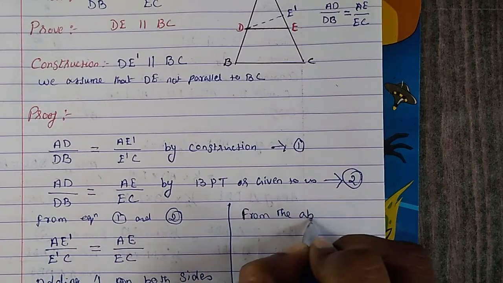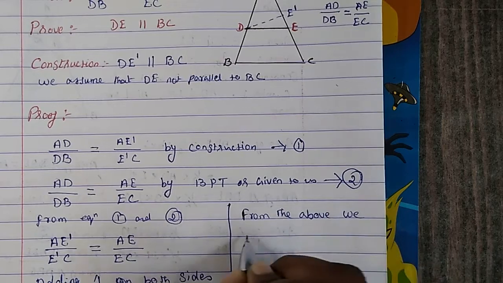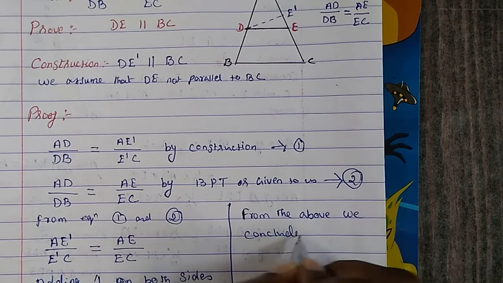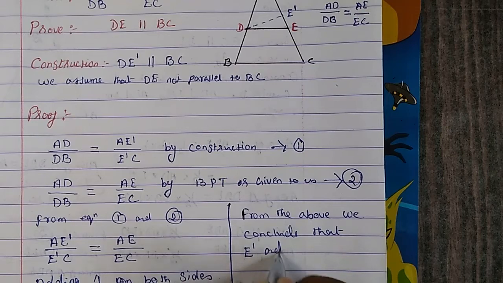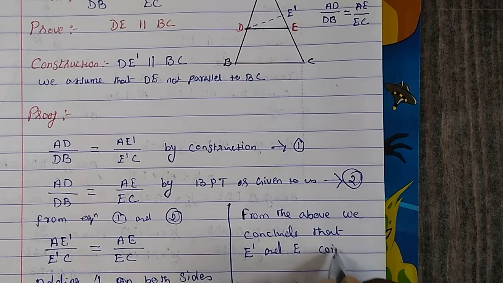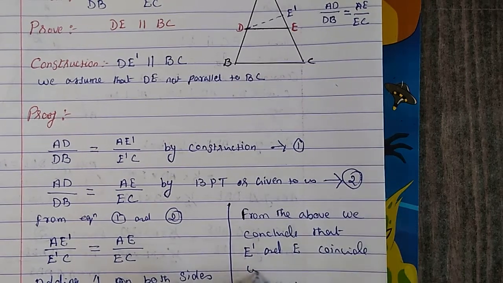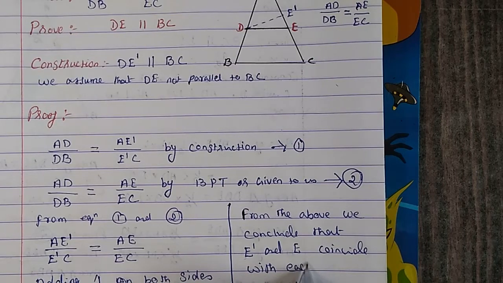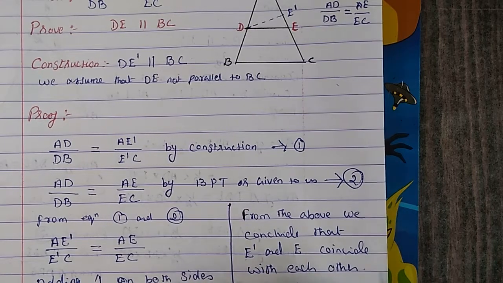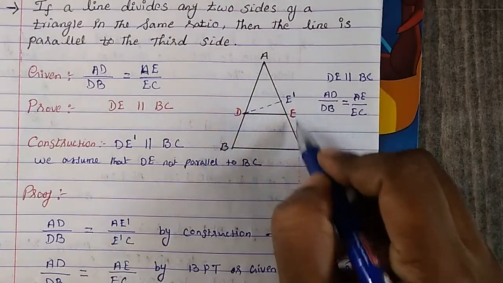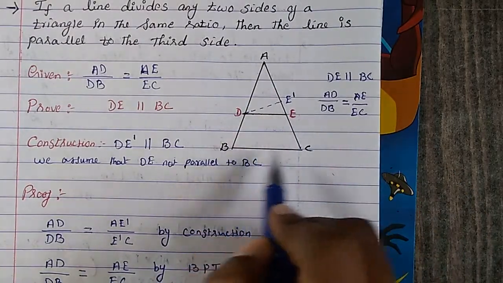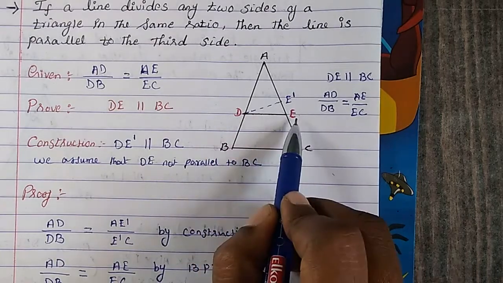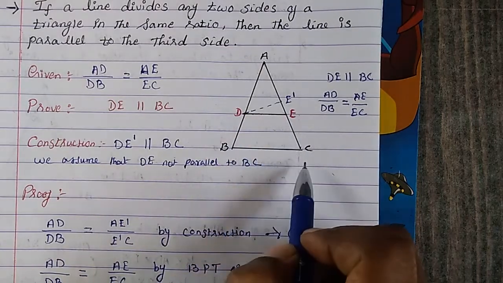From the above, we conclude that E dash and E coincide with each other. So if they are coinciding each other, that means if DE dash is parallel to BC means DE also has to be parallel to BC.